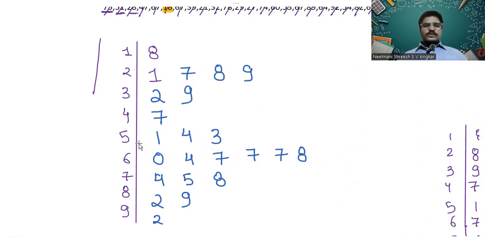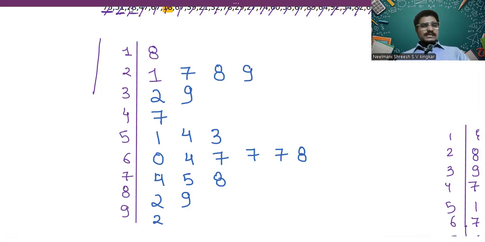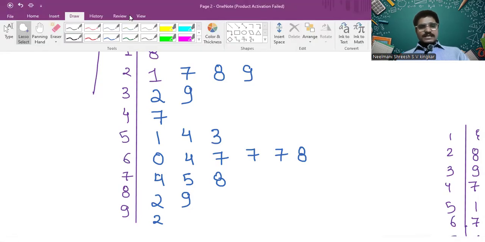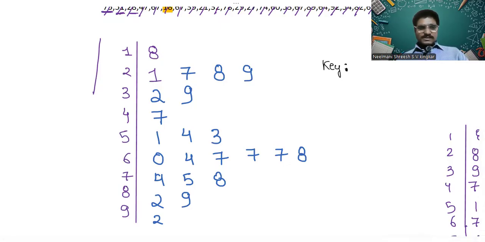It is very important to note that while you're doing the stem and leaf, you always have to represent something known as a key. Now, what is a key? If you just see this thing as a person, you don't understand what this is representing, right? So always include a key.